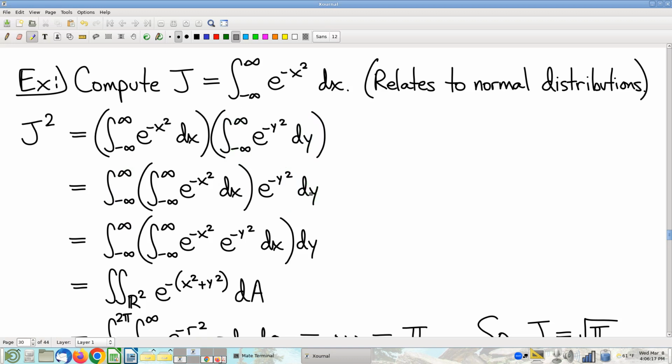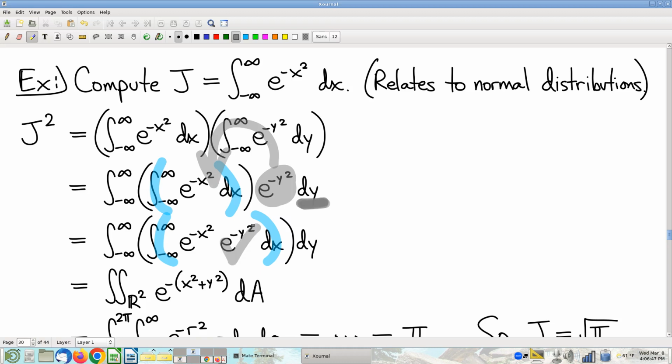Okay, next move. Now we have an integral inside of an integral. Let's look at this inside integral now, this dx integral. Don't forget that the variable further to the outside is also constant as far as the inside integral is concerned. That means e to the negative y squared is a constant and can go inside of the integral.